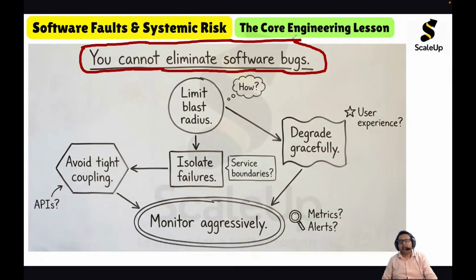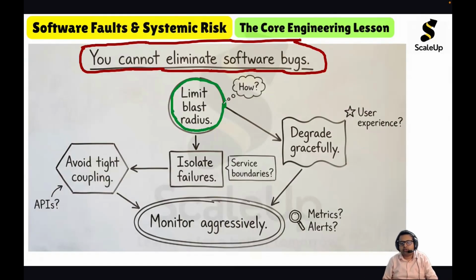Rather, what we can do is design systems that can limit blast radius. And how can we limit blast radius? Via canary deployments. Because we already saw that instead of introducing the new changes to 100% of your user base, you introduce them to 1%, then 5%, then 10%. That is the canary deployment.